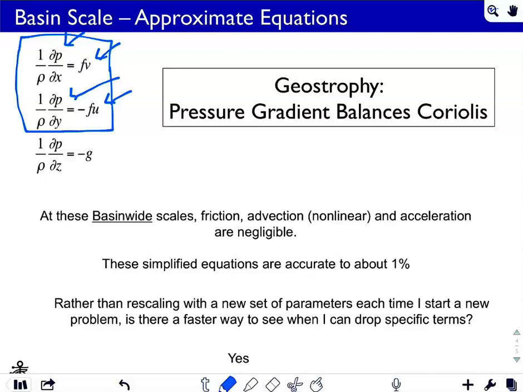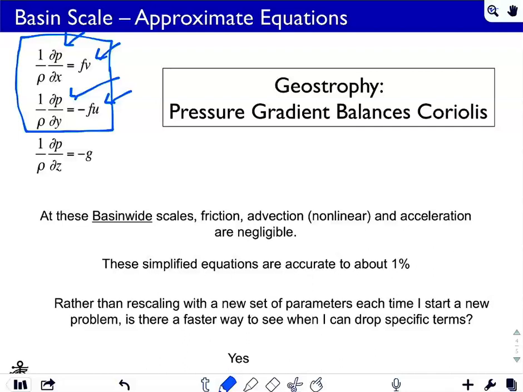And vice versa for the Y momentum equation, we have the pressure gradient in the Y balancing a term which includes the U velocity, the X direction velocity. And this sort of cross term balancing is going to lead to this interesting phenomena in terms of geostrophic flow that we're going to get to in more detail in the next slide.